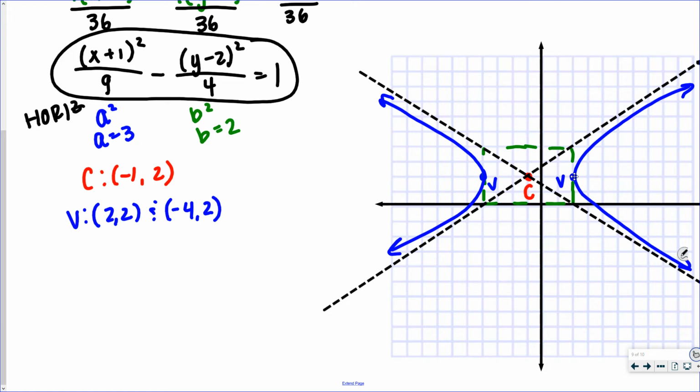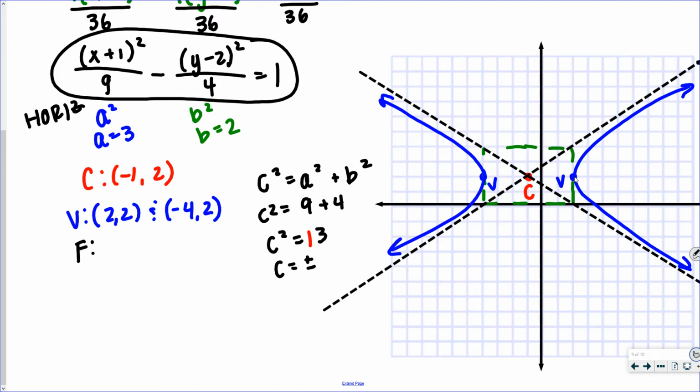All we have left to do is find the foci and the equations of those asymptotes. So foci, c squared equals a squared. This one's minus, so this equation's plus. 9 plus 4 is 13. Plus or minus the square root of 13. I like to visualize this.